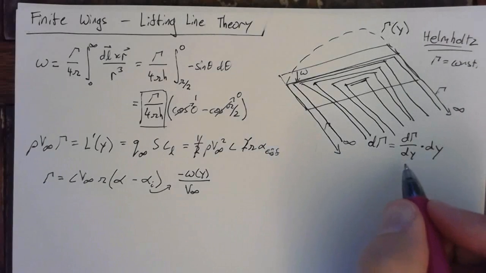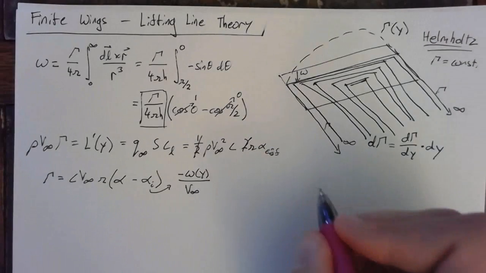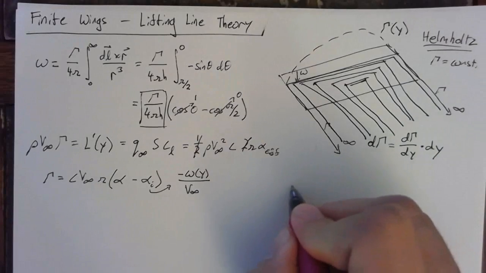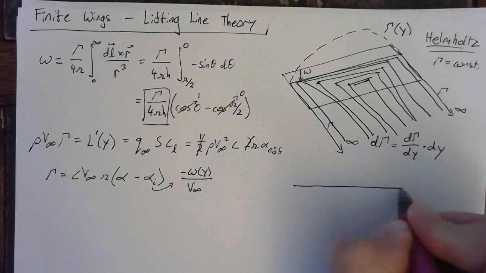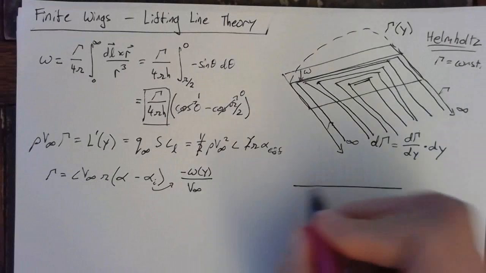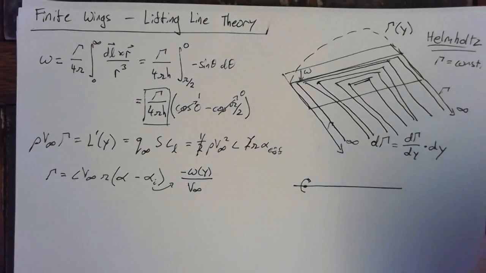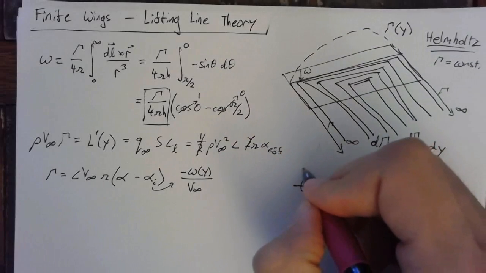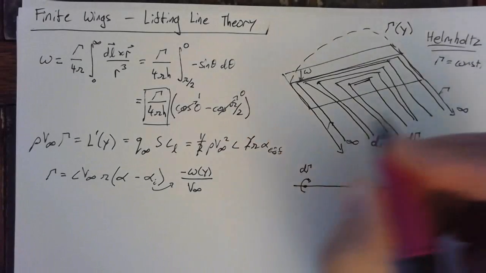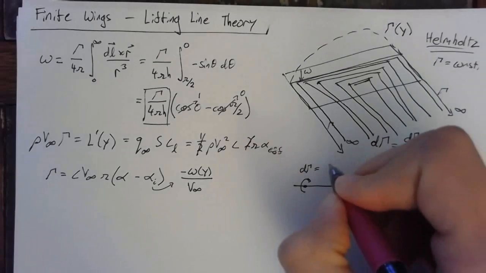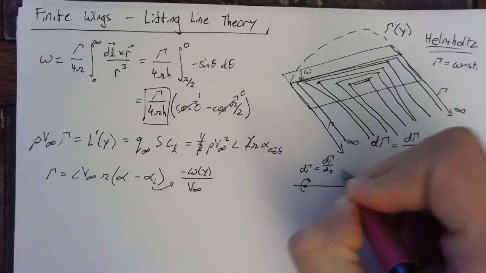And why do we want to do that? Well, once we get to that point, we can say that we're looking at our span, and we're going to have some vorticity, which is going to be defined by these d gammas. And more specifically, that is going to be d gamma by dy times dy.